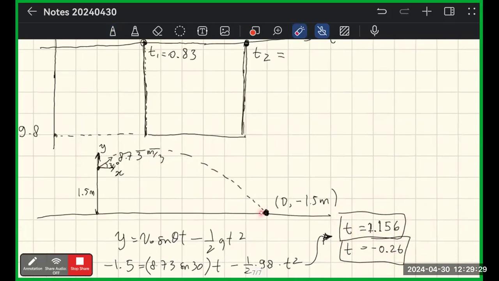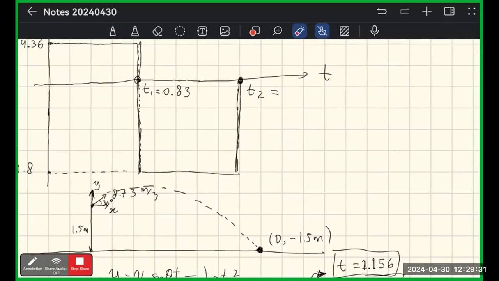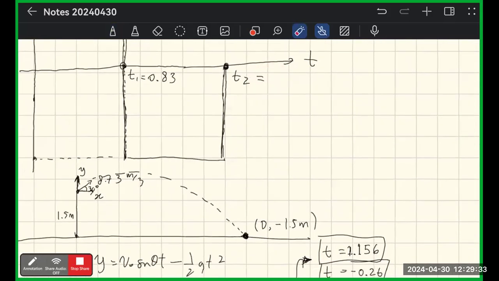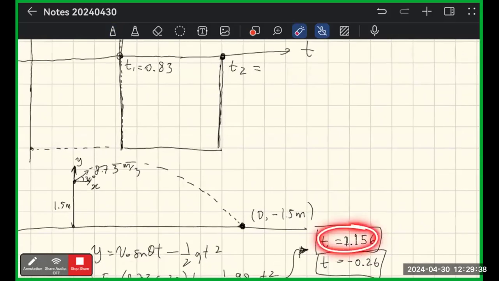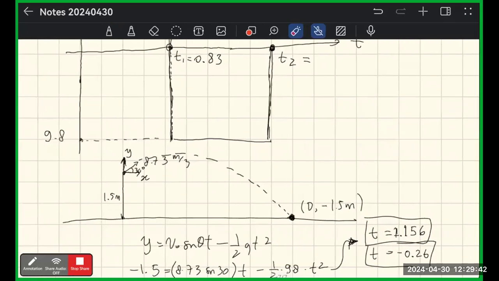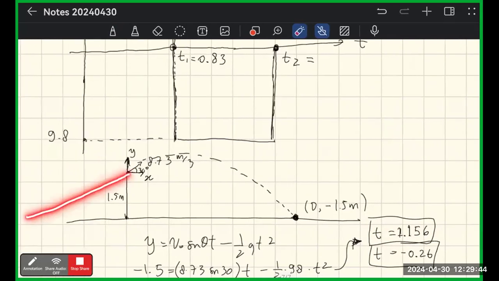But the time is starting from here. So if you want to write t2, you still have to write 1.156 added to 0.83, because previously you reached this point at 0.83, and 1.156 is the time it takes from this point until this point.